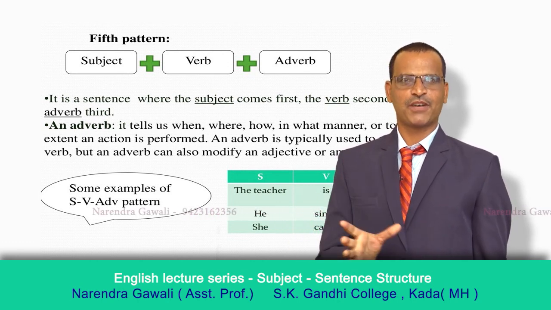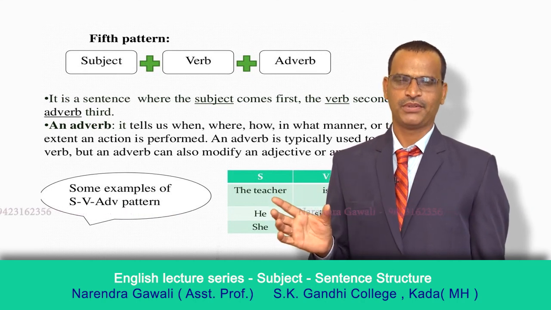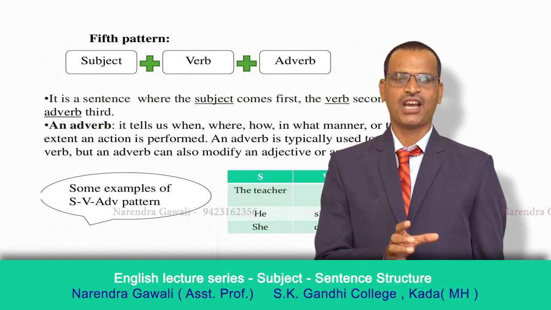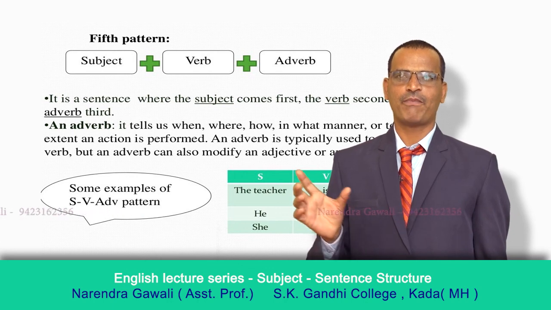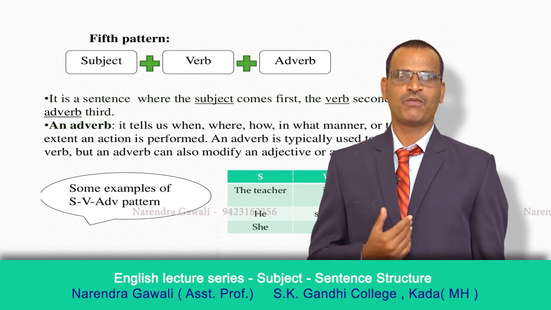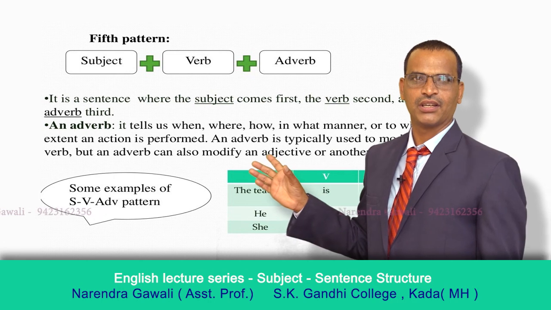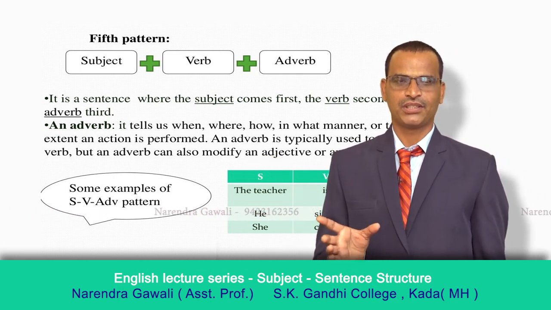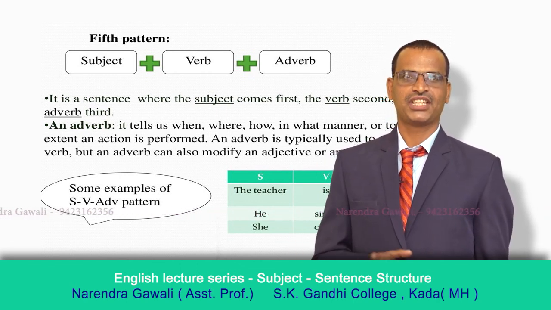In the sentence the subject comes first, then the verb, and then the third part is the adverb. An adverb tells us what, when, where, how, whom. It tells us manner, time, place. We have learned earlier that they are all adverbials of place, time, and so on. They tell us to what extent, at what time, where and in what manner the action has taken place.